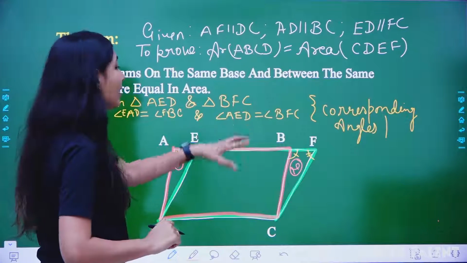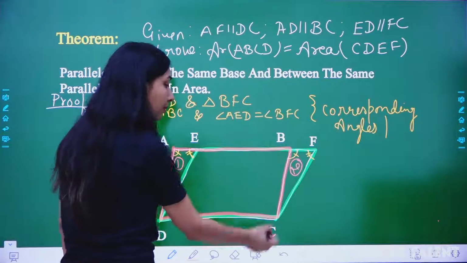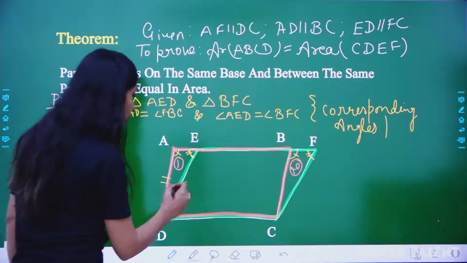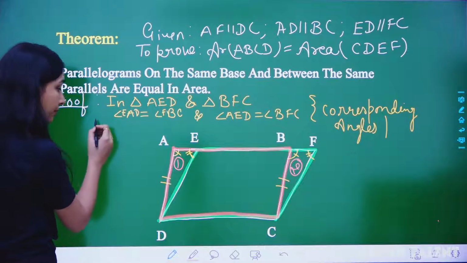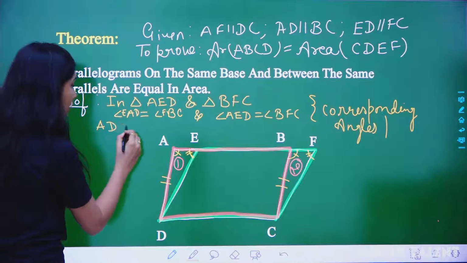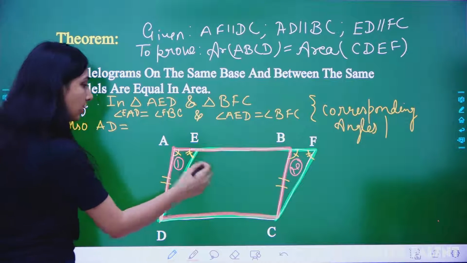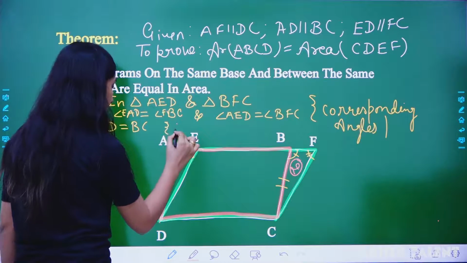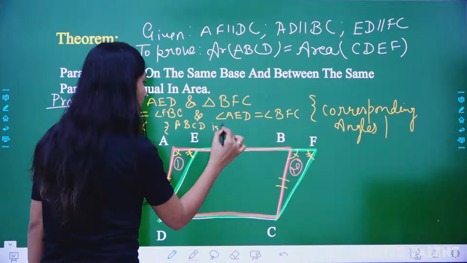Now AD is parallel to BC, so these two sides are equal. So I can write here that AD is equal to BC. Why? Because ABCD is a parallelogram.